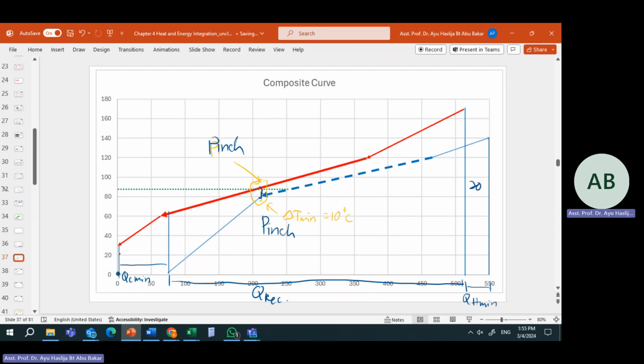This one would be 60. QC min 60. Q recovery, you will get 450. So from here, hot stream, this is T pinch for hot. This one is T pinch for cold.